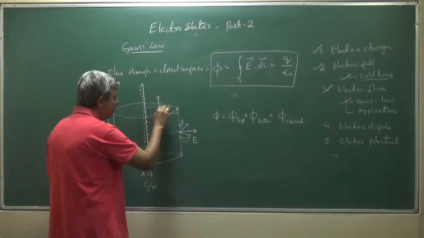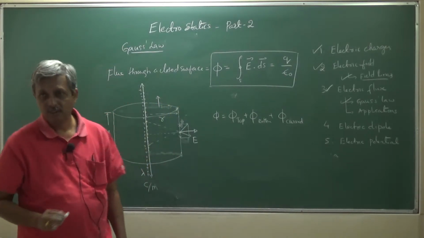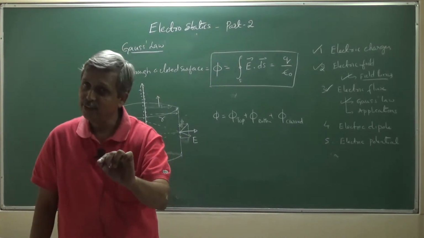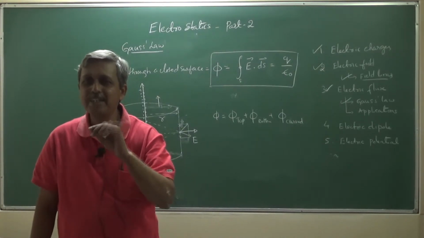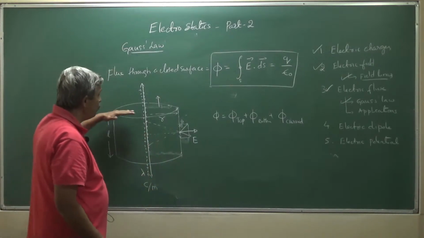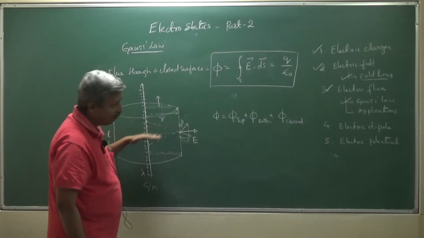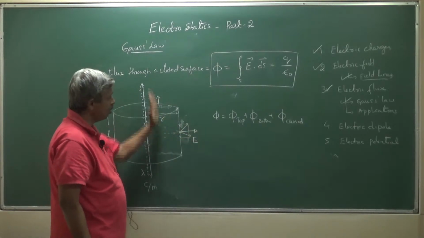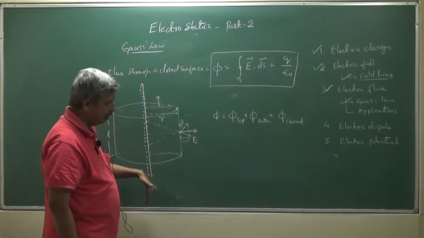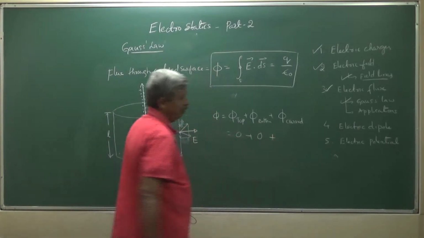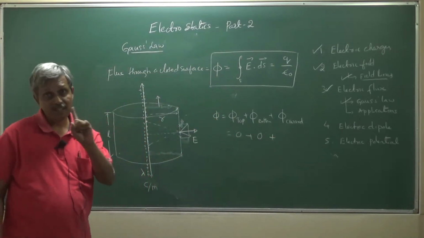The angle between them is 90, hence phi equal to E dot A gives 0. It's simple because there is no flux actually crossing this, since all the electric fields are horizontal. Nothing crossing this. So phi at the top and phi at the bottom are both 0. Only phi at the curved surface is there.